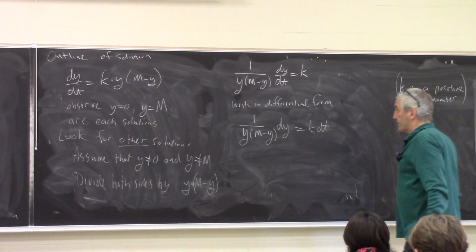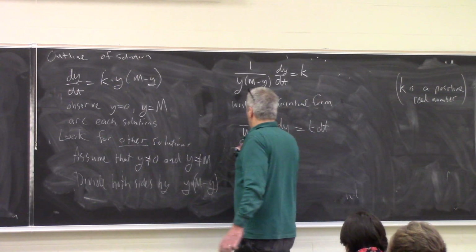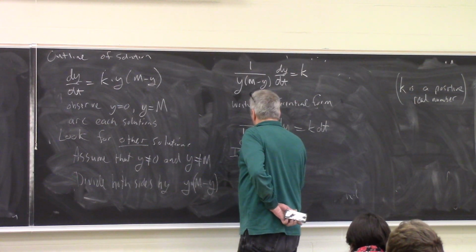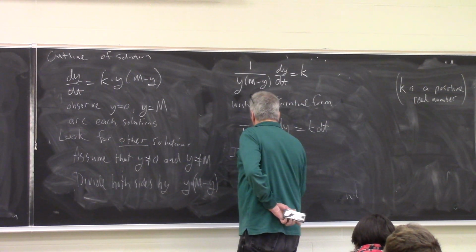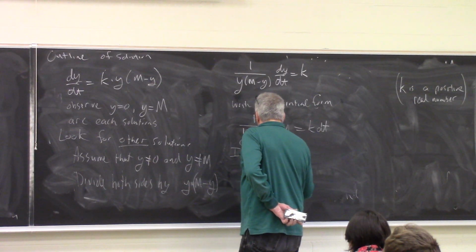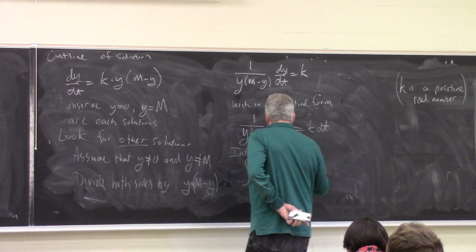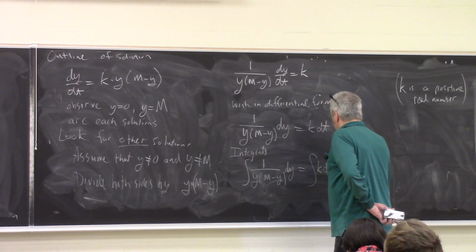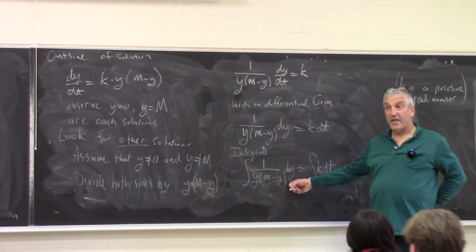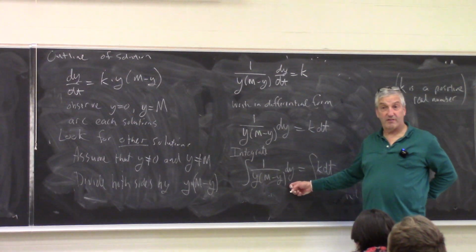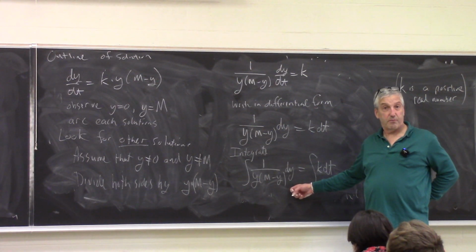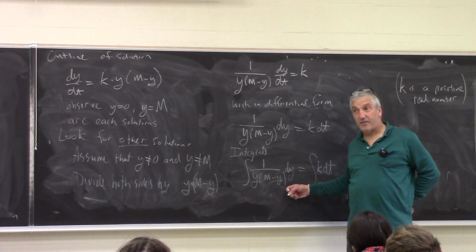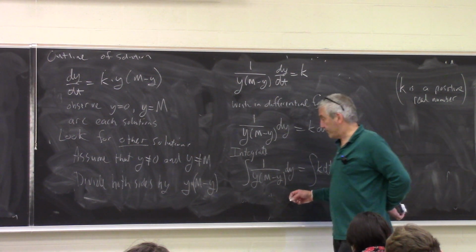Let's integrate both sides. The integral of 1 over y times m minus y dy equals the integral of k dt. Look at that. That, my friends, is a partial fractions problem. You're going to have to use partial fractions to integrate that. So if you read the book, they do exactly that. They attack this integral using partial fractions.